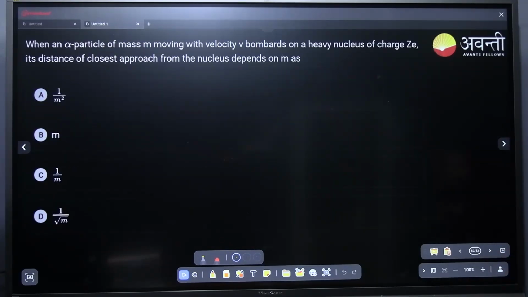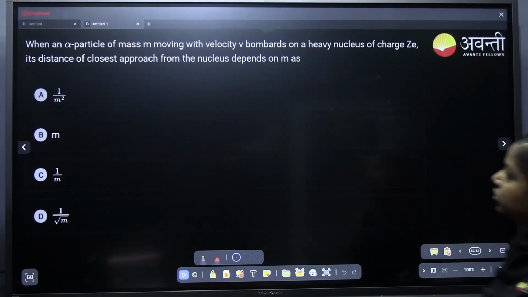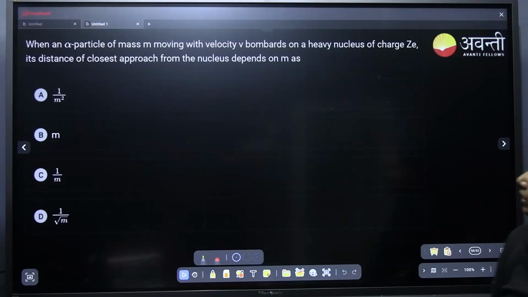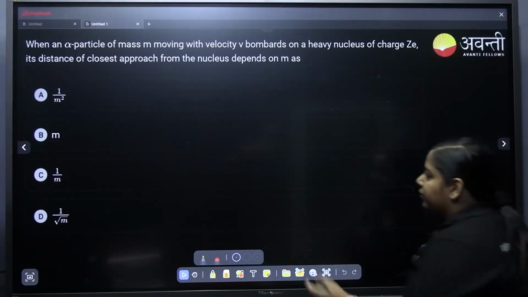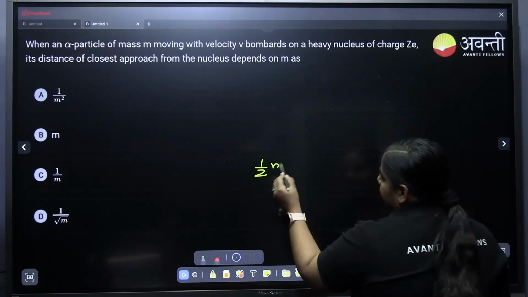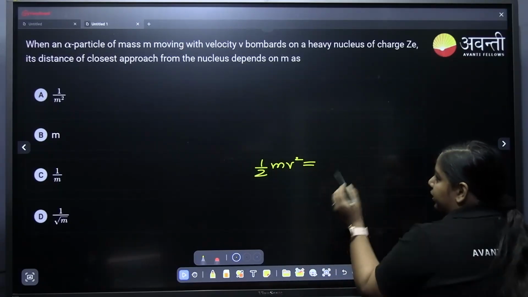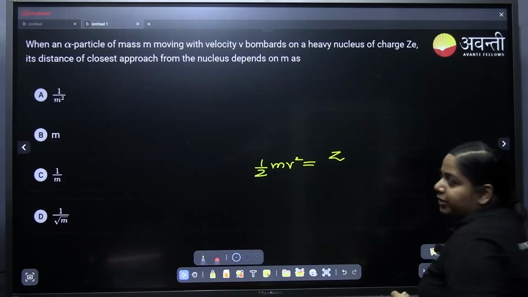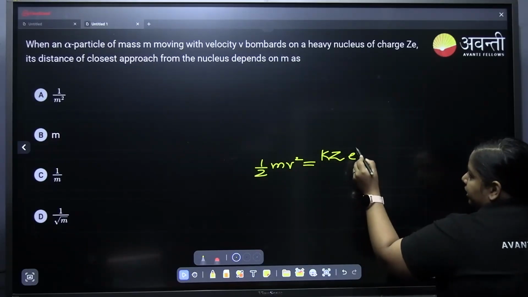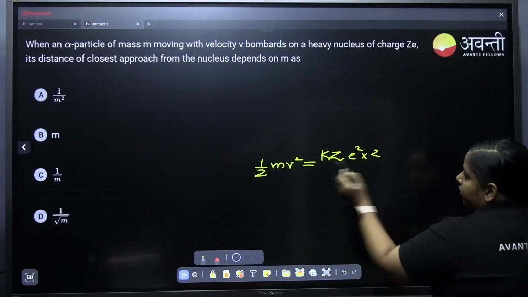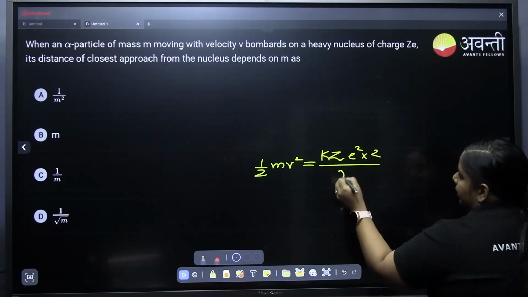When an alpha particle of mass m moving with the velocity v bombards a heavy nucleus of charge Ze, the distance of closest approach from the nucleus depends on m as. Our equation comes from half m v square equal to the potential energy on this side, that is k Z e square into 2 divided by r.